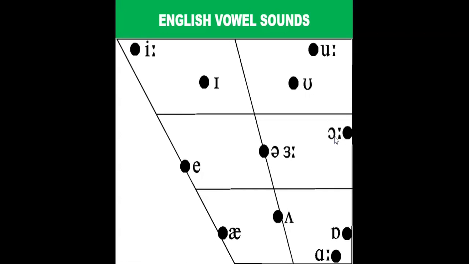Here you have two back vowels, and here you have two more. And then this is a vowel sound that lies in the middle between the front and back vowels. So here you have it in a word like cut. I cut my finger. Cut. Love. Son. All right.